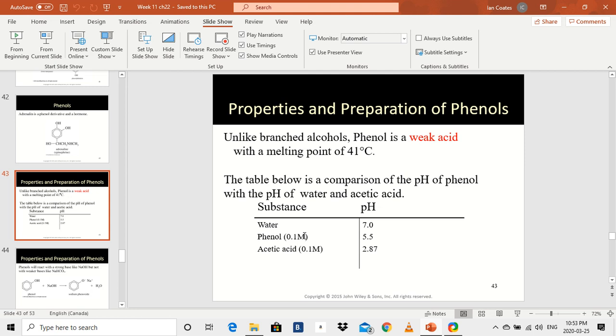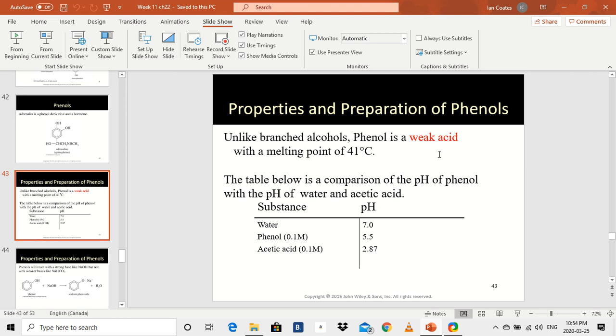Branched alcohols are a stronger acid. They produce more hydrogen. But phenol, with the benzene around it, tends to be a weak acid. That hydrogen hanging off the oxygen of the hydroxyl group of phenol tends not to jump off into solution.